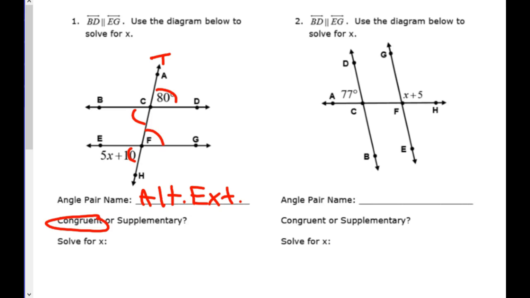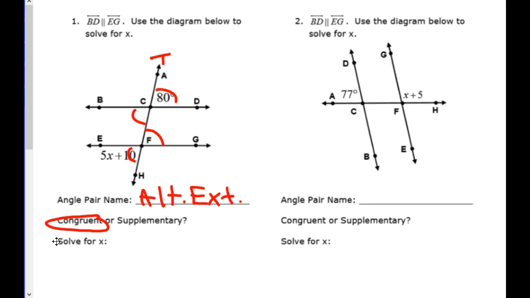How do you know what x is? No. It's not 5x equals 10. It's 5x plus 10. So I'll show you what I mean. So if we know they're congruent, and I'm talking about both angles, what do we do with congruent things?